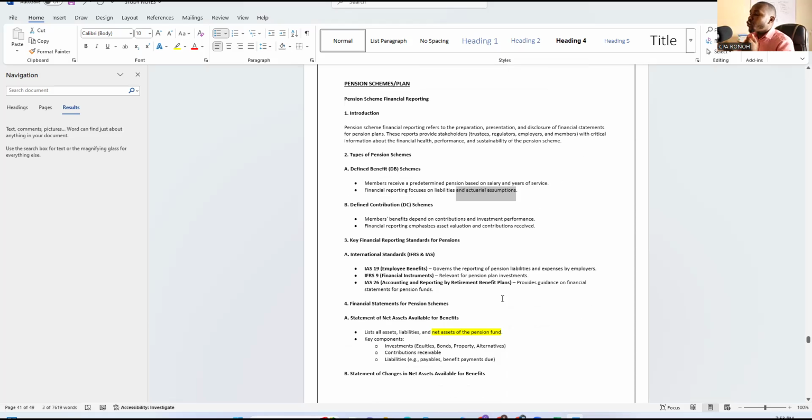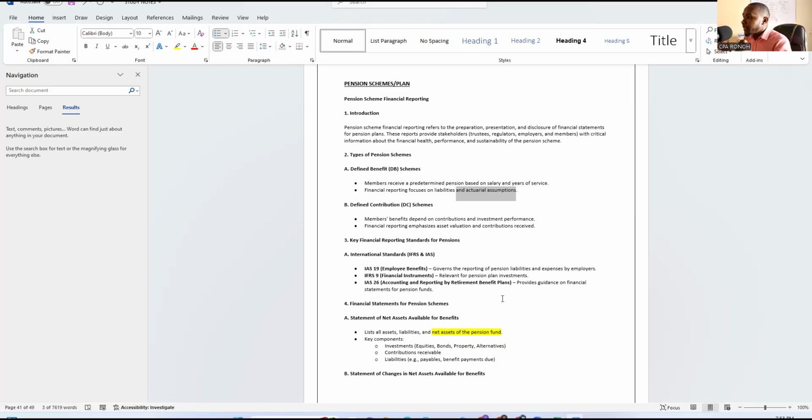So we have two key statements which you have to prepare in this pension scheme. Number one is the statement of the net assets available for benefits, which lists the assets. It lists the contributions and the cash outflow.